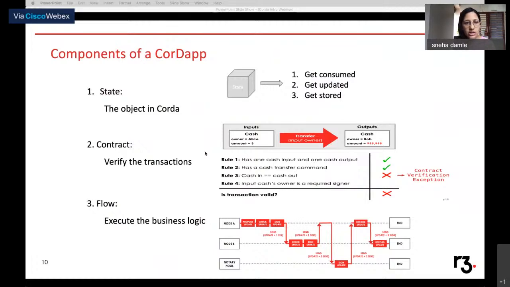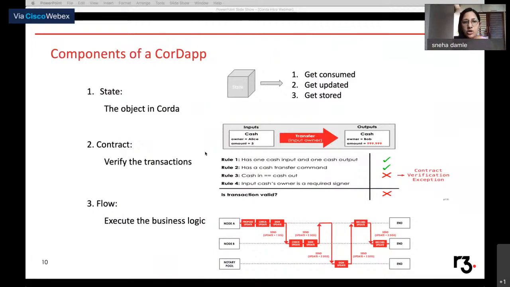A transaction can have 0 or more input states, and it can have 0 or more output states. What a transaction essentially does is consume 0 or more existing on-ledger states, called input states, and it always produces 0 or more new ledger states called output states.